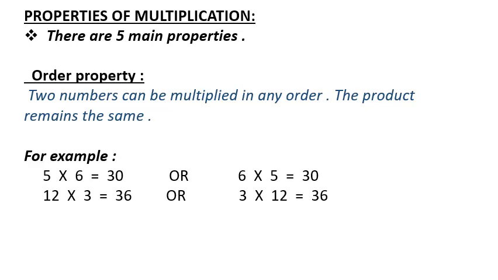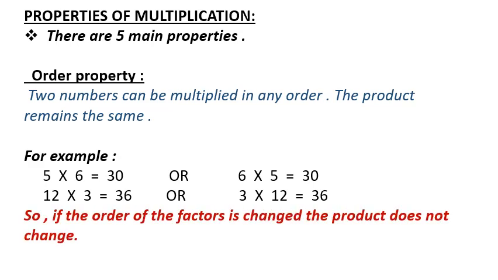Or else if you do 3 multiplied by 12, still the answer will remain the same, 36. So the order of the factor is changed. The product means the answer does not change. This property is called order property of multiplication.